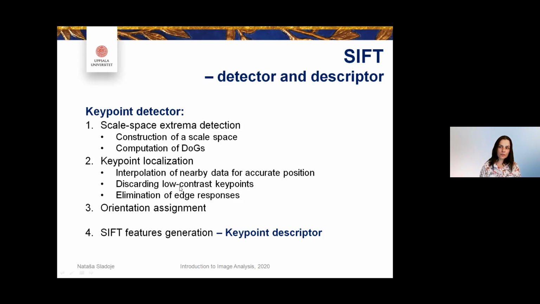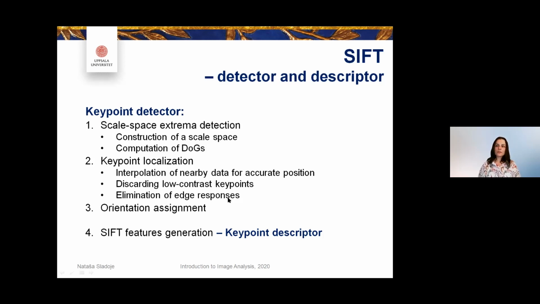Once the maxima of DoG in the scale space are detected, as commented a couple of slides ago, interpolation in the scale space is performed so that localization of these identified points is quite accurate, which is quite important.